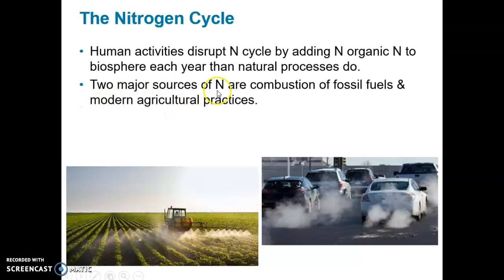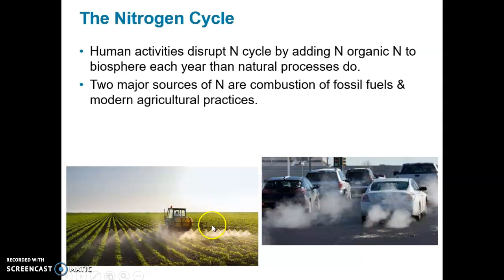So two major sources of nitrogen are the combustion of fossil fuels, adding nitrogen into the atmosphere, and modern agricultural practices, in particular, adding nitrogen-containing fertilizers into farms and fields to supplement the nutrients required by plants to grow.